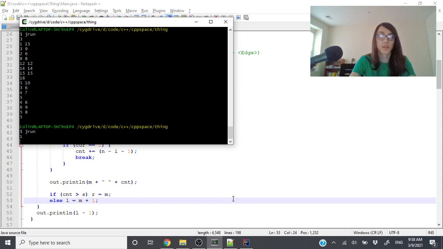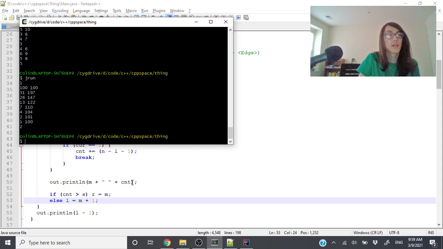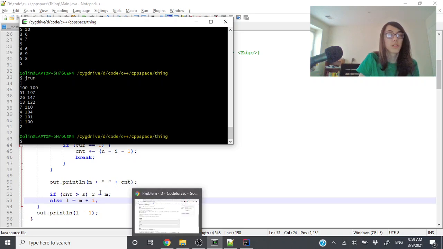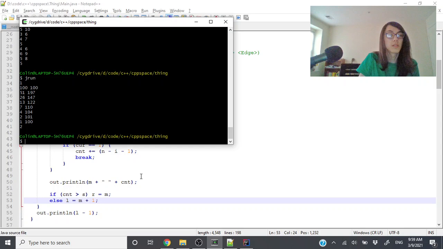Run 1, 100, 100. Why would that be 2? Wait, why is that 2? So we have 2 values. We check if this works. If it doesn't work, then we go there.